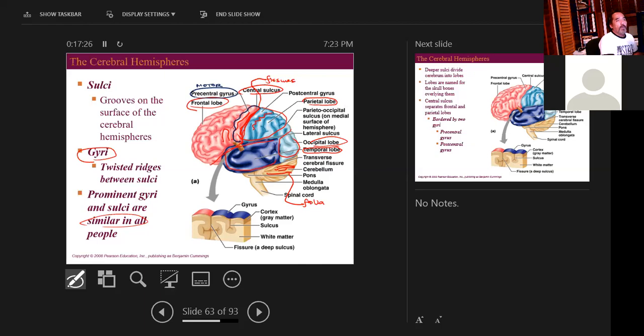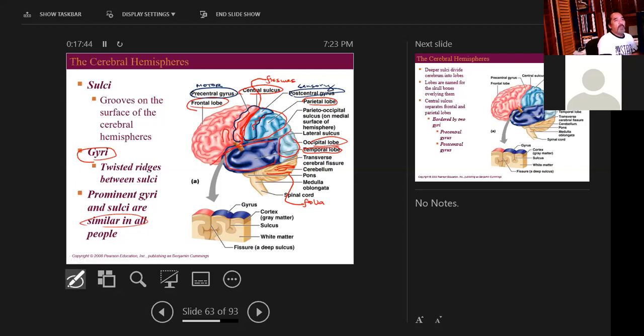The postcentral gyrus, located at the parietal lobe after the central sulcus, is called sensory, okay? So anything that is movement of muscle is going to be at the precentral gyrus. Anything that's sensory is at the postcentral gyrus.